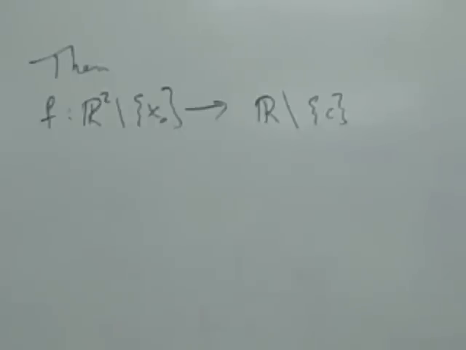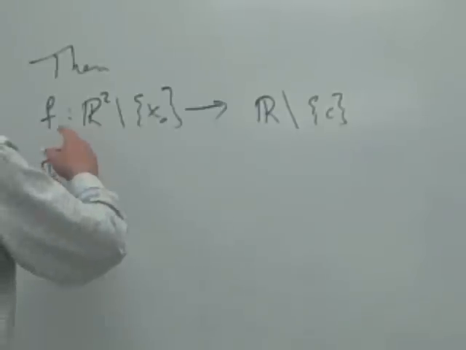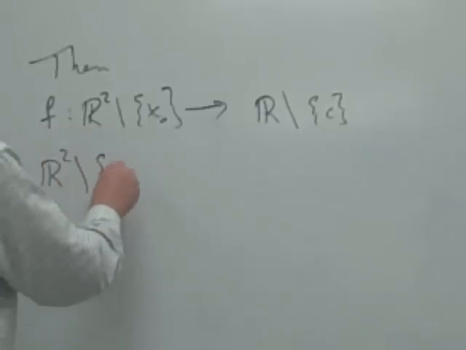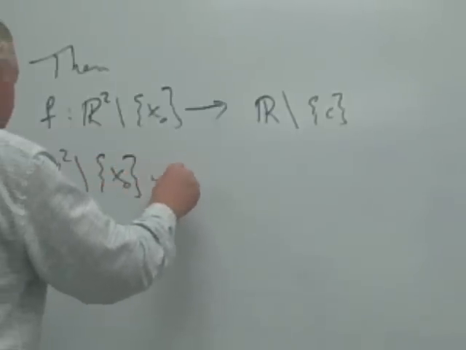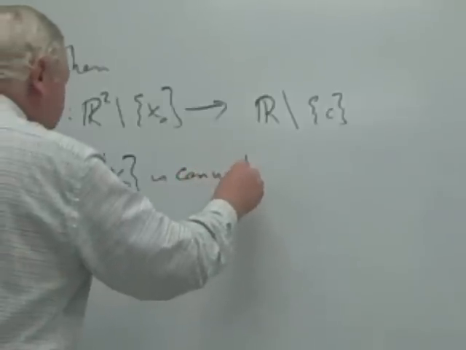But the point is that when I take x0 out of the plane, it's still a connected set, because I can connect any 2 points in the plane without x0.